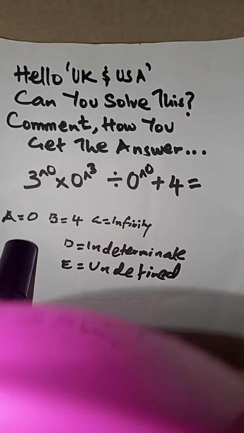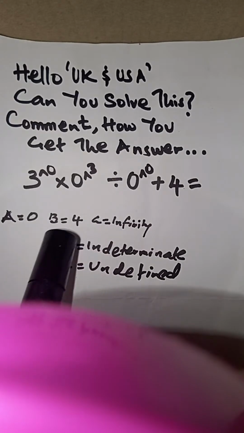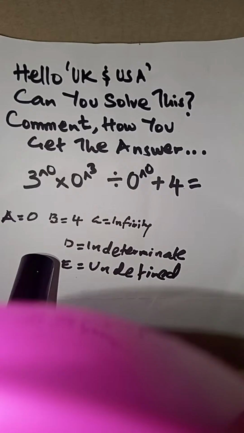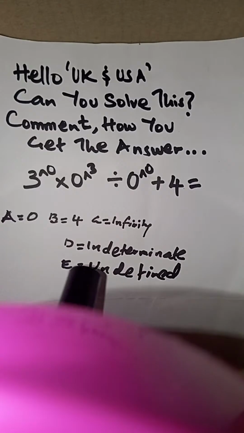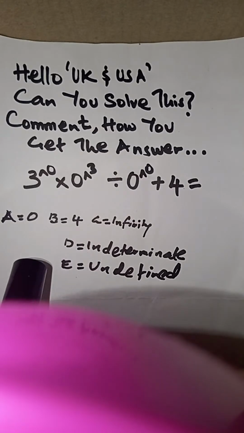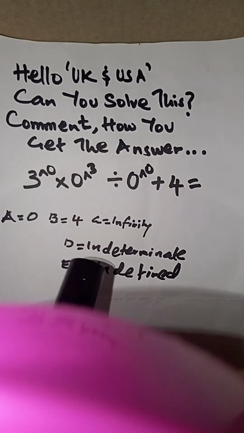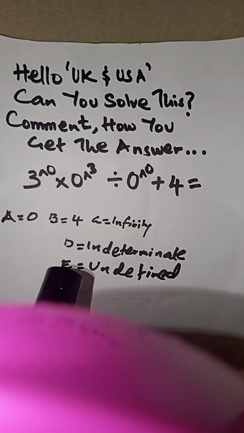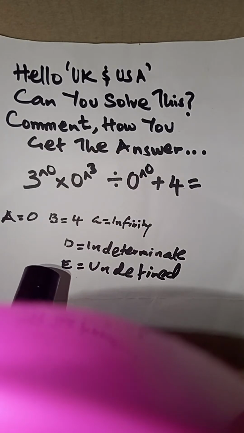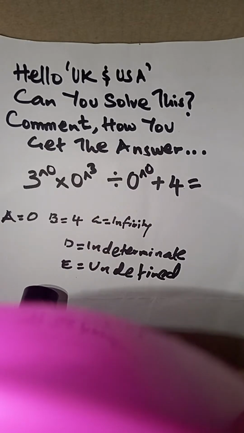Is it A 0, B 4, C infinity, and D undefined? So mathematicians in the house, do you have a different opinion apart from this?